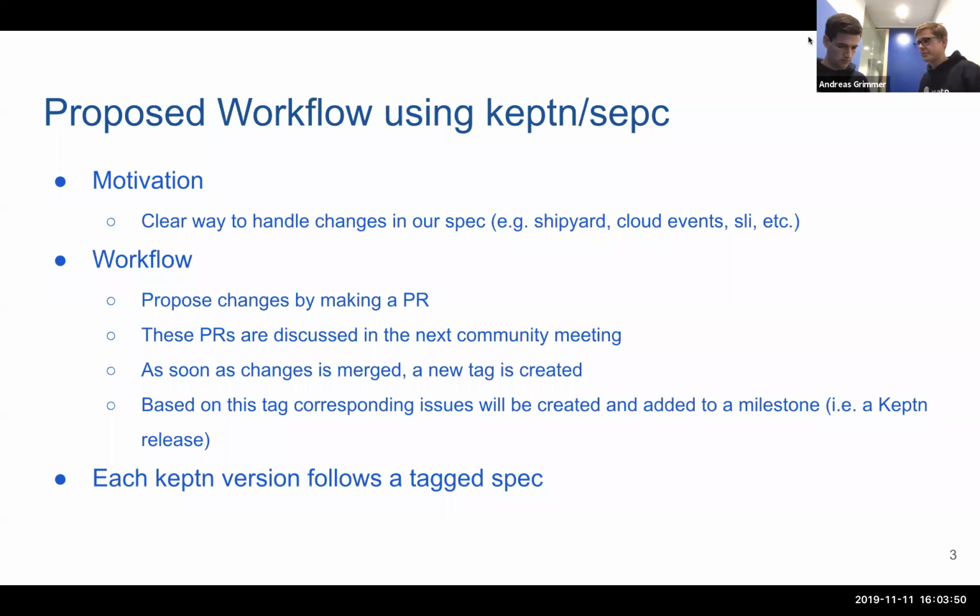Each change of the specification is also correlated to GitHub issues, so that everything is tracked and you can see the progress of a configuration change. When we finally release a new Keptn version, you will see in the release notes which specification changes have been implemented or which tag it is related to.